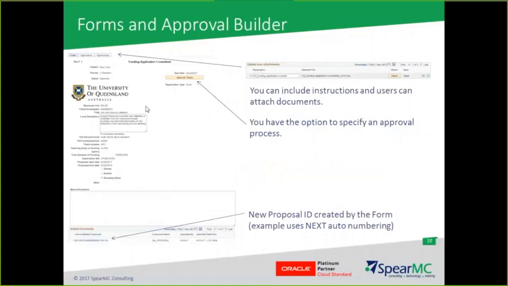And I know this gets really small, but after they've entered that information and submitted it, and it's gone through the approval status and been approved, way down here you'll see it actually generated a proposal number for me and took this information from that form and brought it into PeopleSoft.